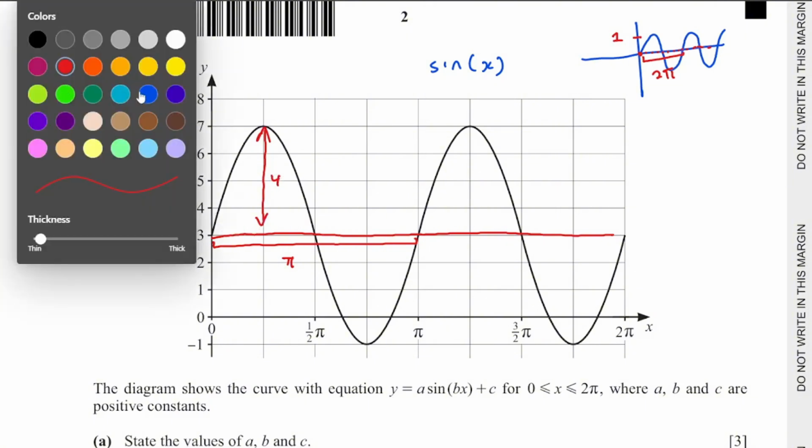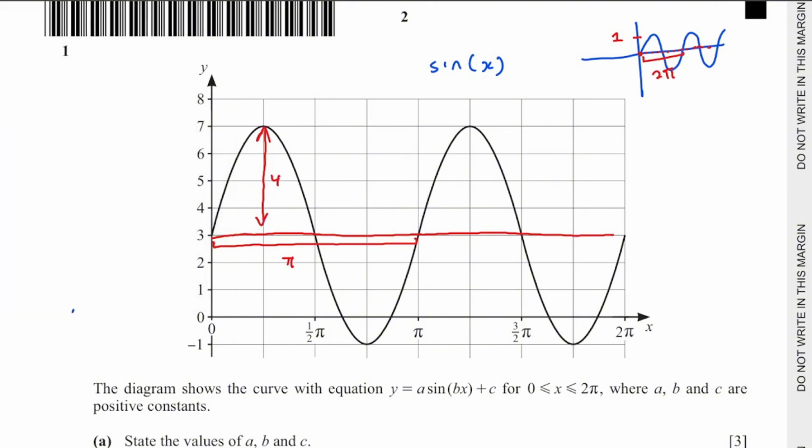With this we can conclude that there is a scale factor of 4 on the sine curve, right? So every y becomes 4y, because of the stretch by a factor of 4. And then obviously there is a stretch in the x direction as well.